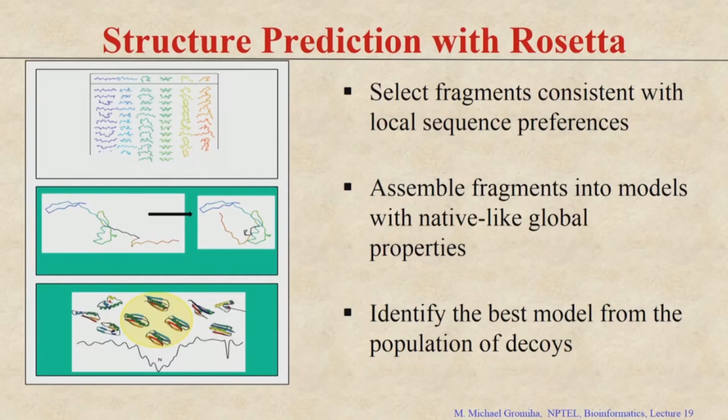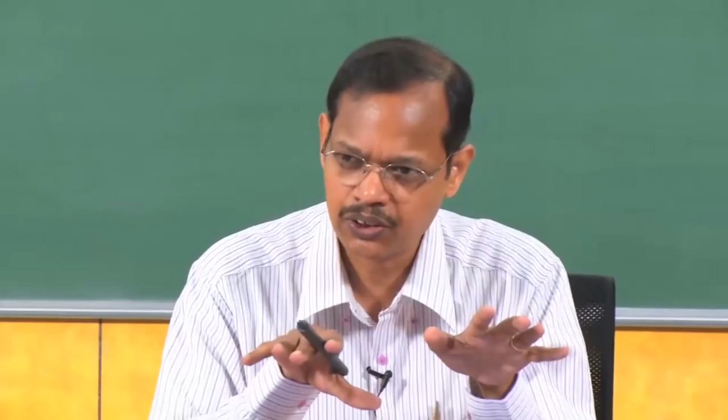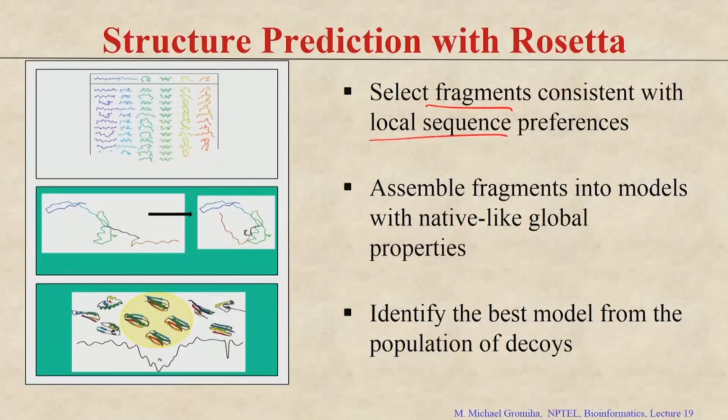So, Rosetta is one of the widely used methods for ab initio modeling, right. What they do is start from the beginning, and currently they have implemented homology modeling along with ab initio. They take some fragments based on the local sequence preference, and you can see the library of the fragments for the different cases, and they assume that these have native like globular properties.